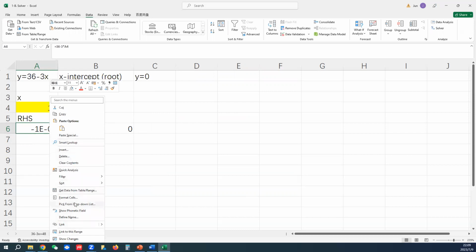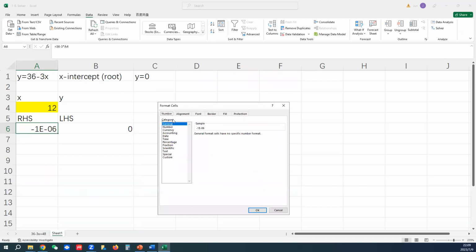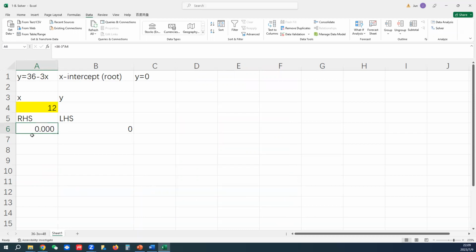If you change the format of the cells, say go to number and keep, say, 3 decimal places, you'll see that we're actually finding x, which is 12, to make y equal to 0. So that's the first version of this question.